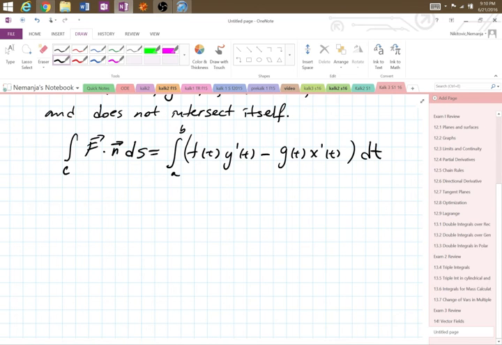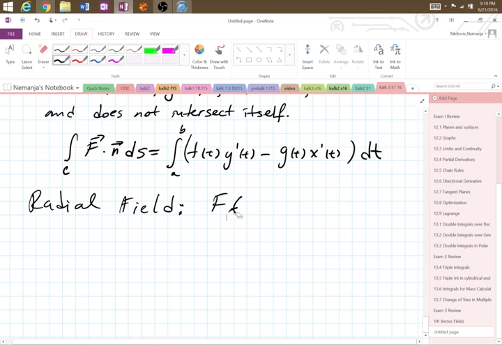So let's go. Radial field. So what's the radial field? Again, the radial field is x, y. Again, unit circle.